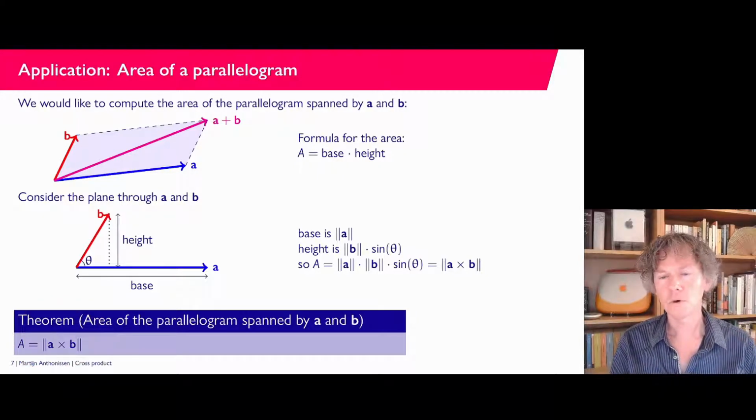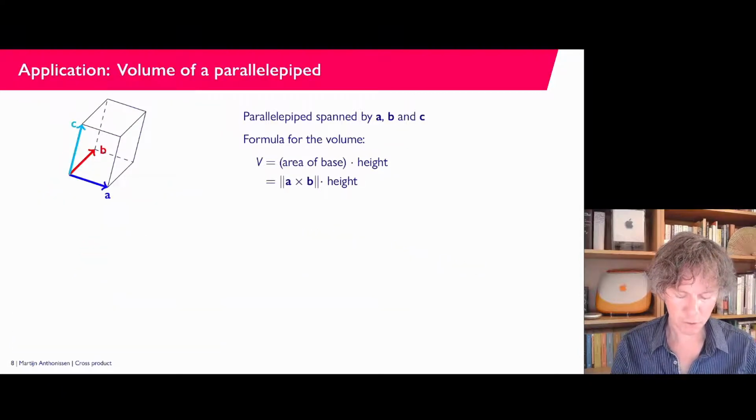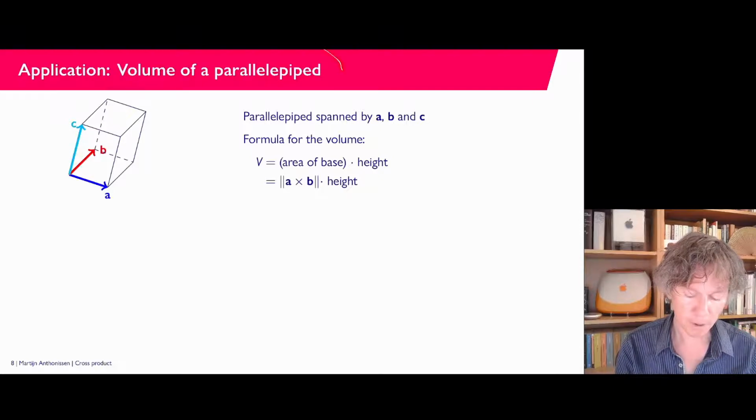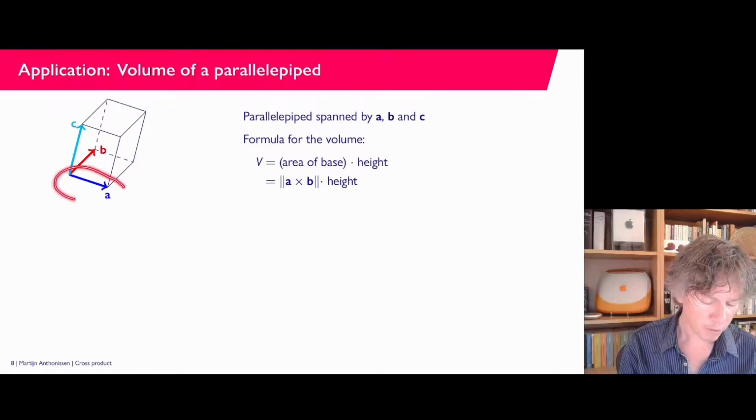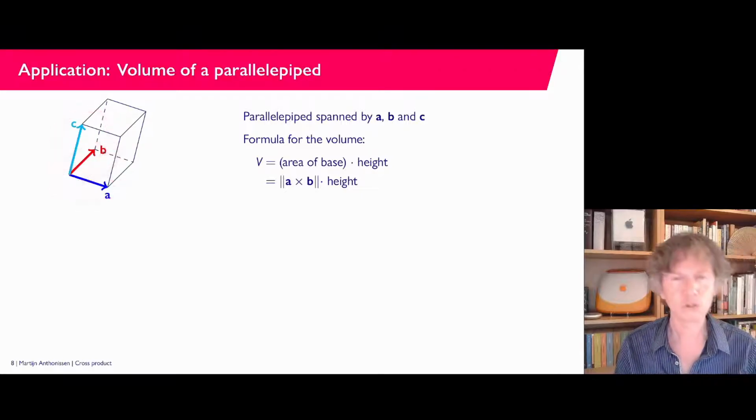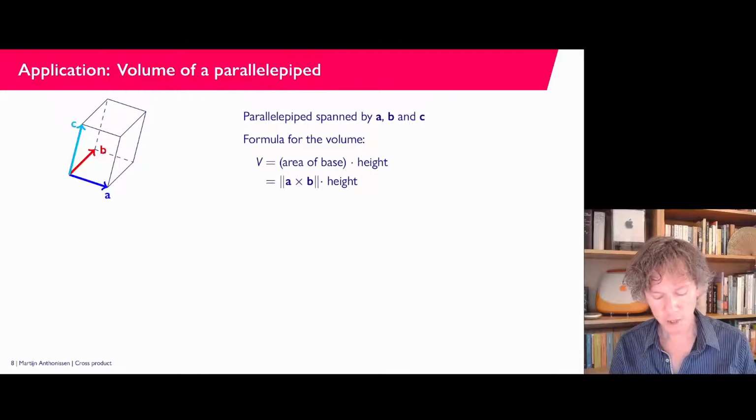There is also a version of this where you have three vectors, and then you have a parallelepiped. I'm only going to say that once. So we have a vector A, a vector B, and a vector C, and together they span something that is a bit like a cube, but not all the sides need to be equally long.